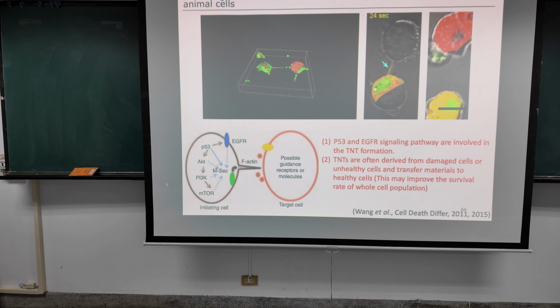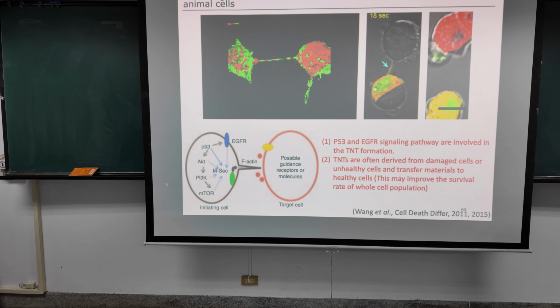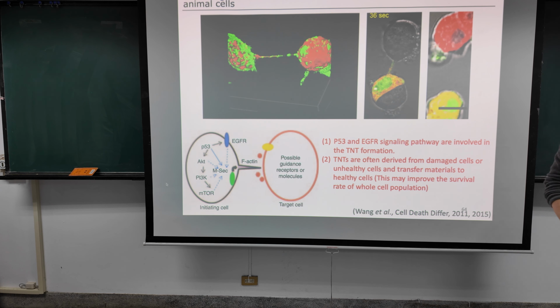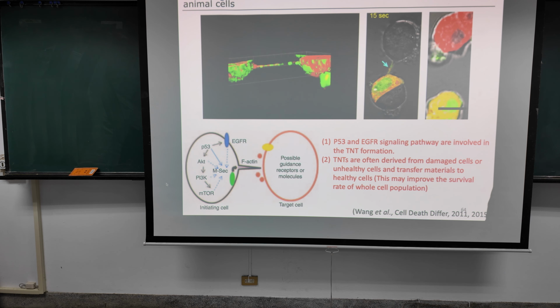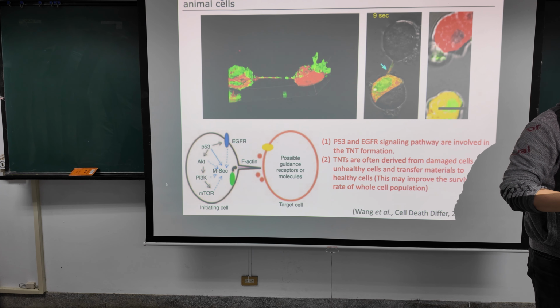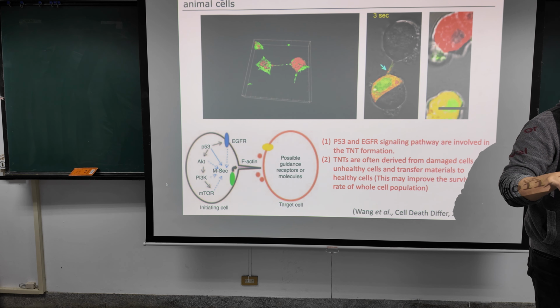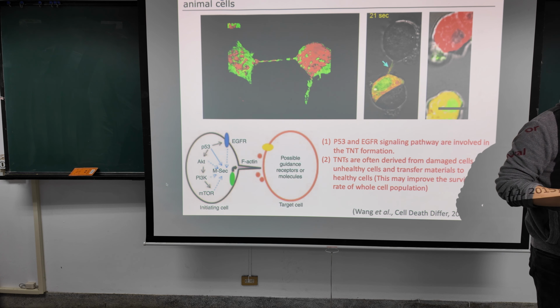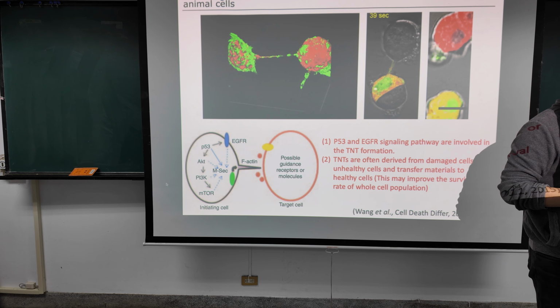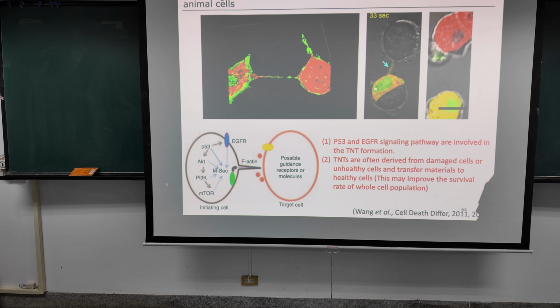People already know that P53 and EGF signaling are involved in TNT formation. Then people were curious who would be the donor and who would be the recipient. Somehow people found the unhealthy cell is the donor. The unhealthy cell actively generates the TNT to connect to the healthy cell and then delivers stuff to those healthy cells.